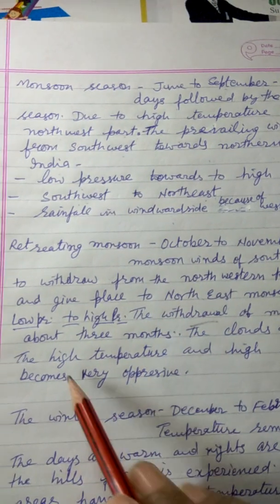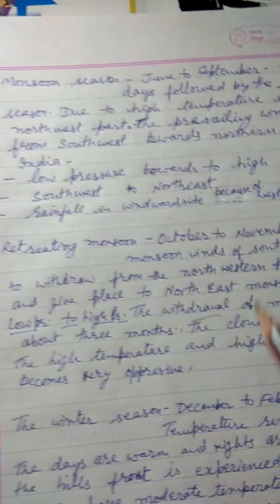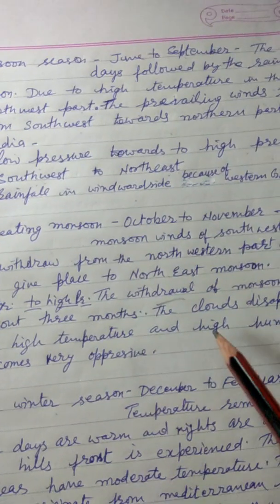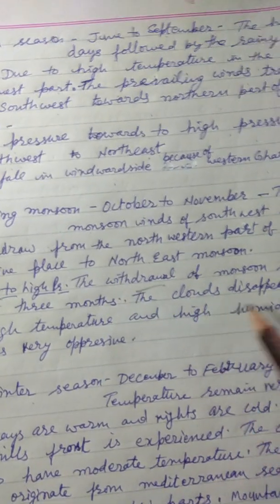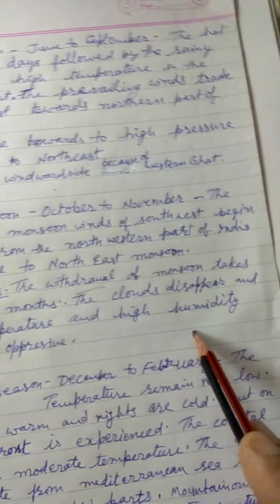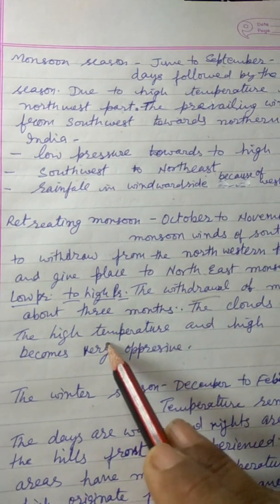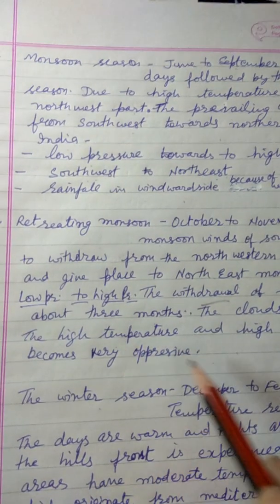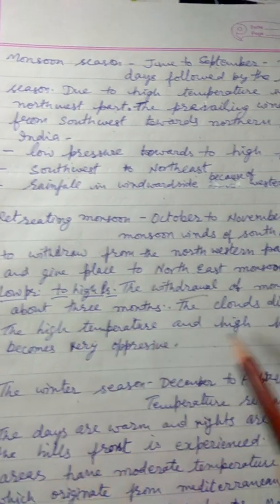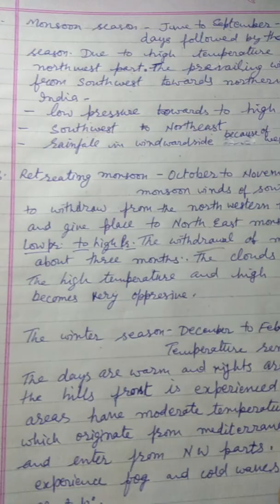It takes time, about 3 months, coming and going in some places. The clouds disappear, and the high temperature and high humidity become very oppressive and not bearable in some places.